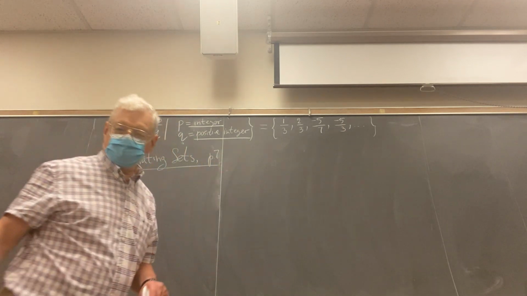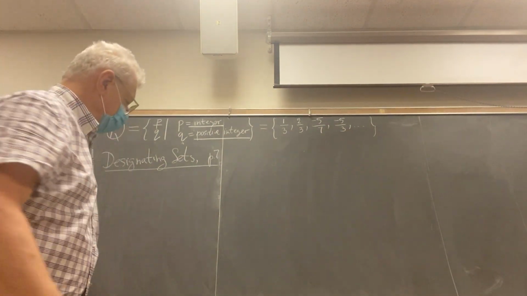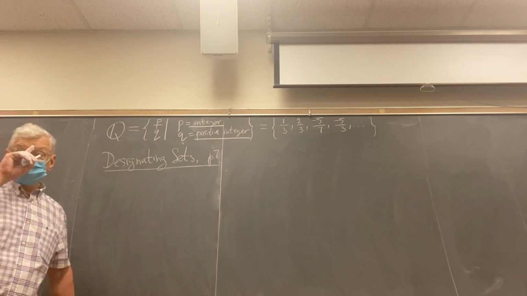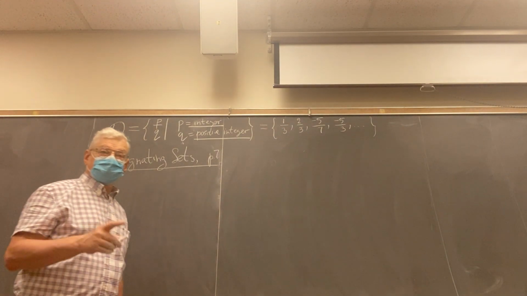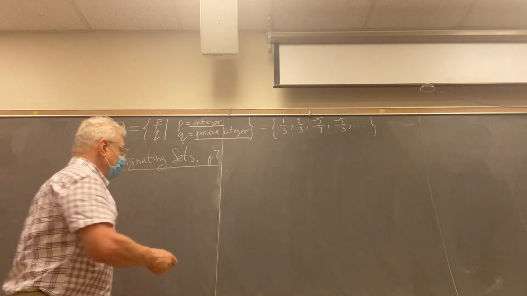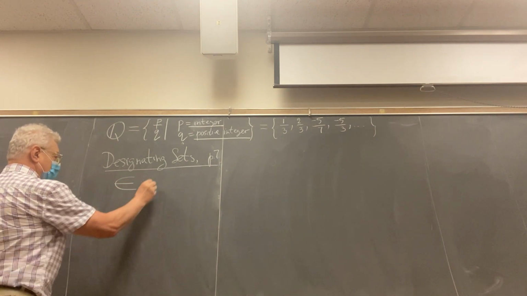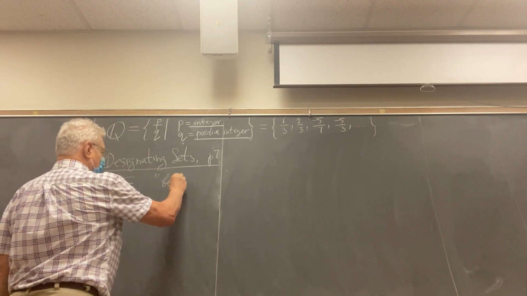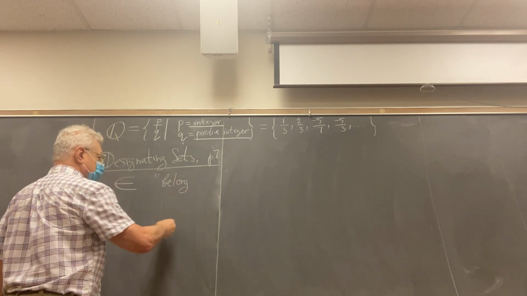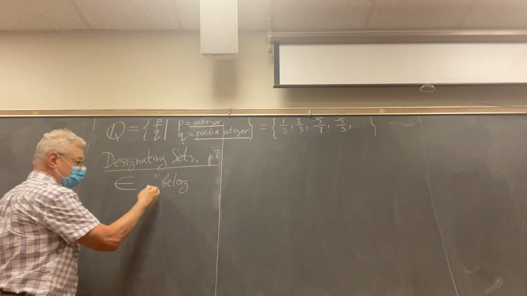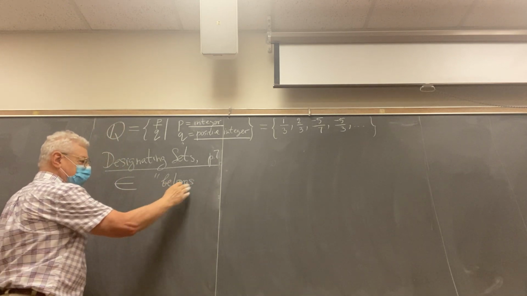When I say this element is from that set, instead I can say this element belongs to that set. And there is a symbol. It's written like that. It means belong or belongs. So if I use one element, it belongs.